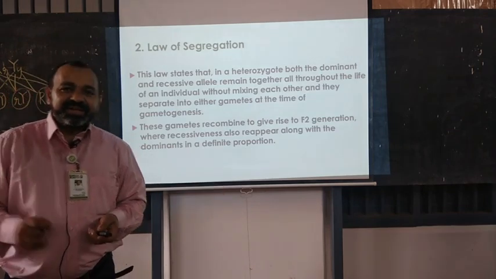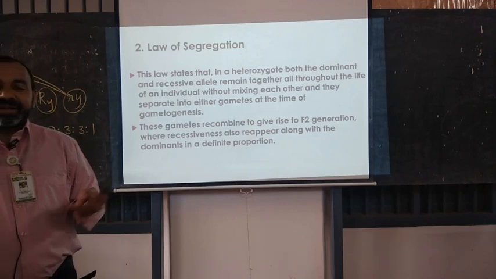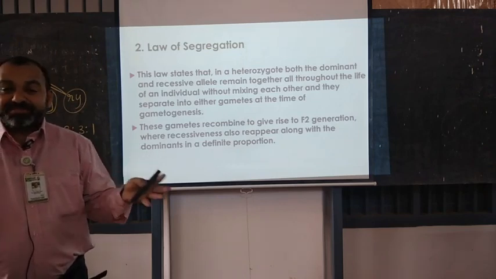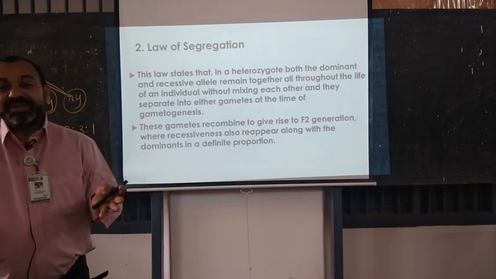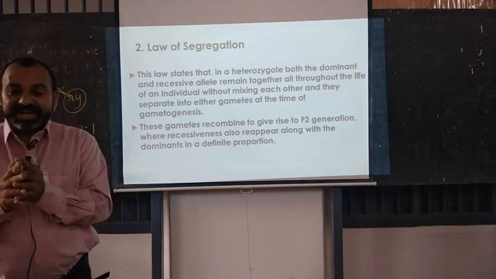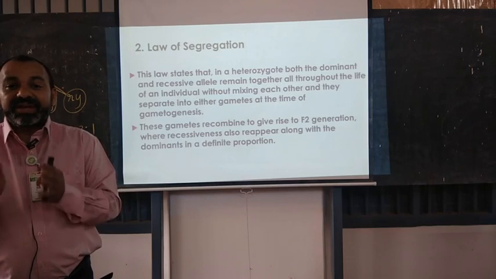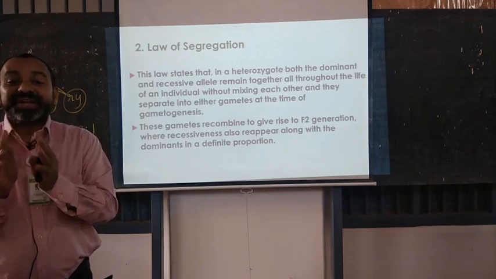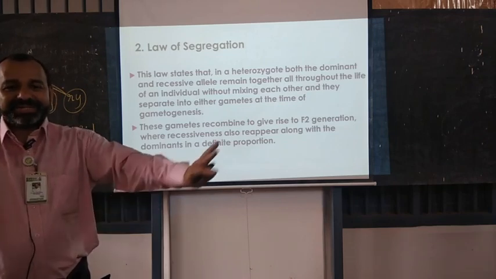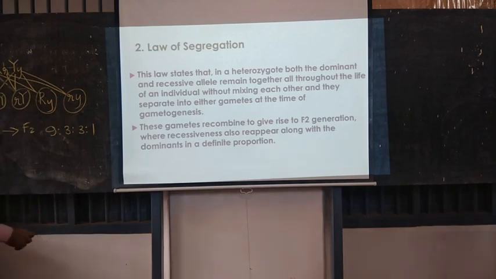Similarly, the allelic forms coming from both father and mother, remaining in the progeny, the hybrid, are free to separate during gamete formation. See, we have seen here capital R, small r, capital Y, small y; they were together in the very same individual.